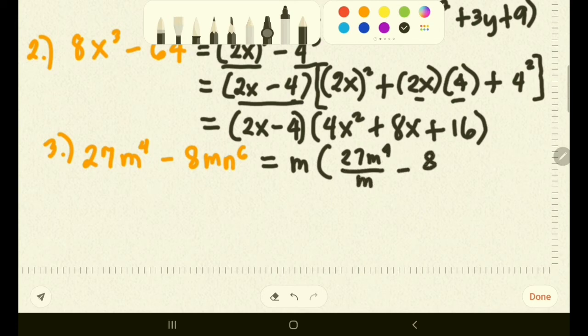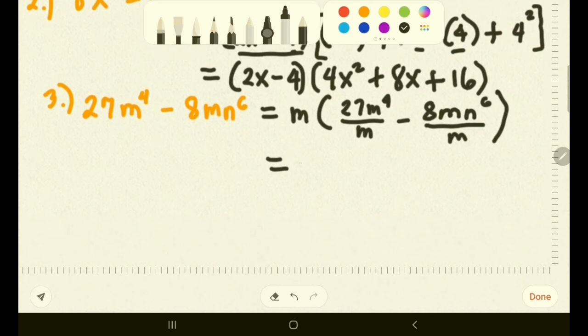minus 8mn to the power of 6 divided by m. So you have m, and you have your 27, because m to the power of 4 divided by m is m cubed.